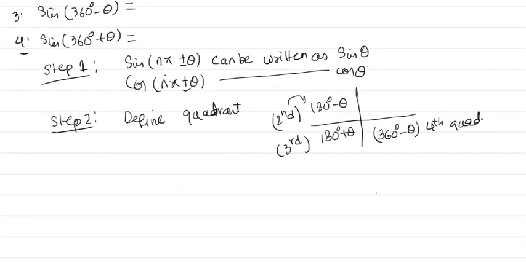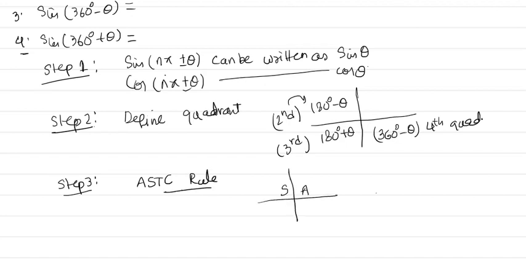Then we come to step 3. You know the ASTC rule, A, S, T, C. In the first quadrant all are positive, in the second quadrant sine theta and cosec theta are positive, in the third quadrant tan theta and cot theta are positive, in the fourth quadrant cos theta and sec theta are positive.